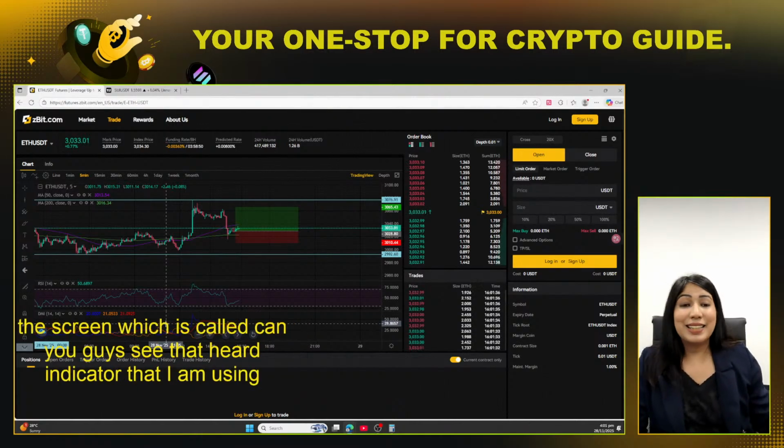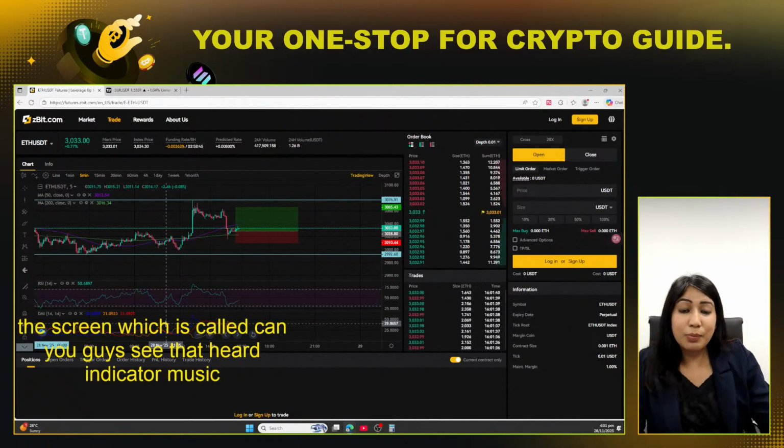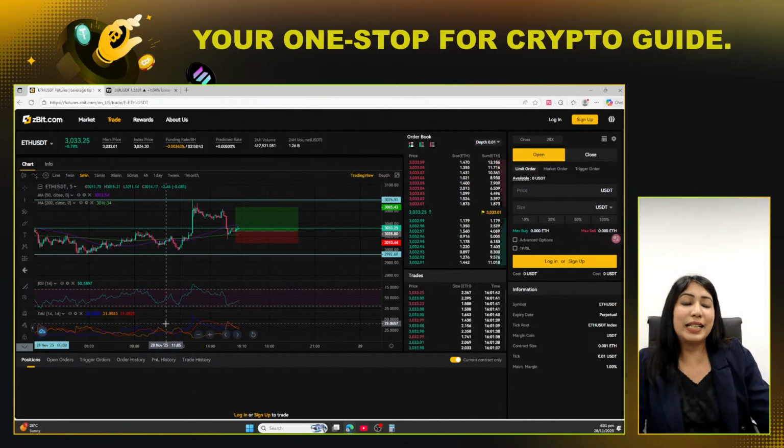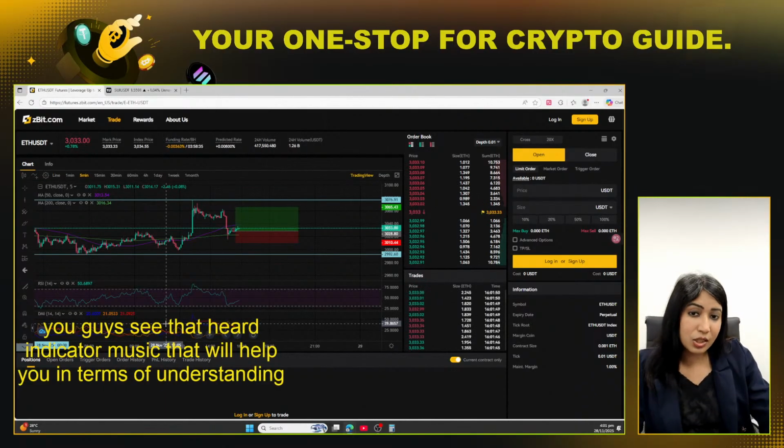So that's called DMI, the short form of it, but it stands for Directional Movement Index. Basically, it is an indicator that will help you understand whether the buyers are strong, whether the sellers are strong.